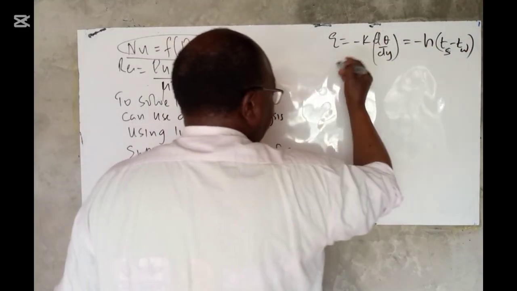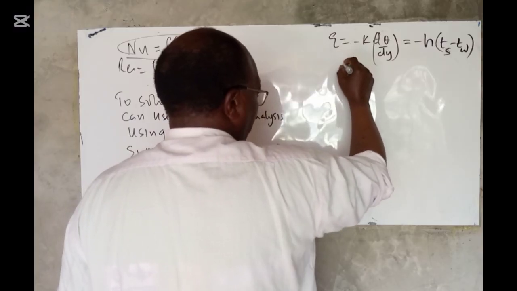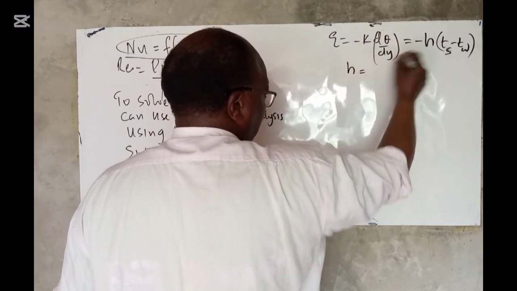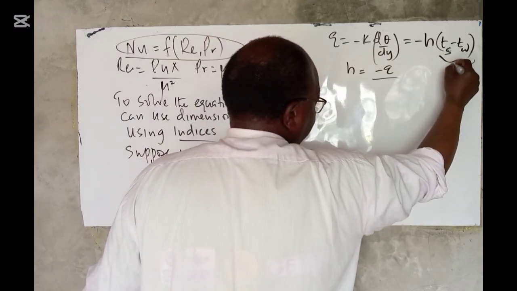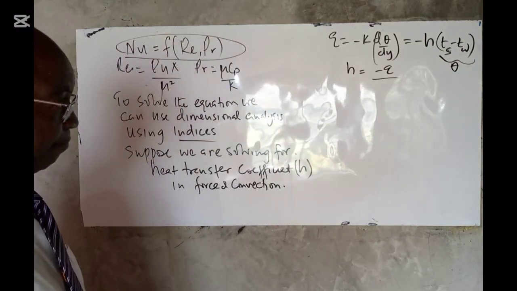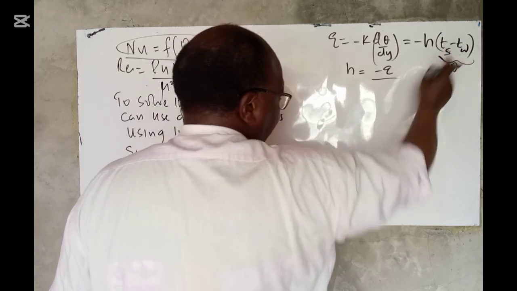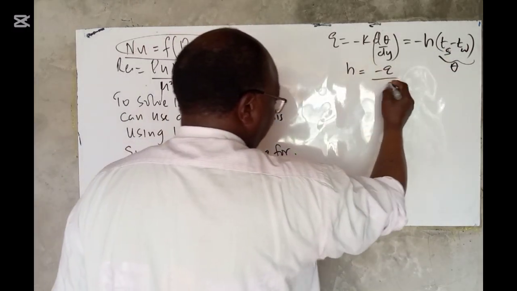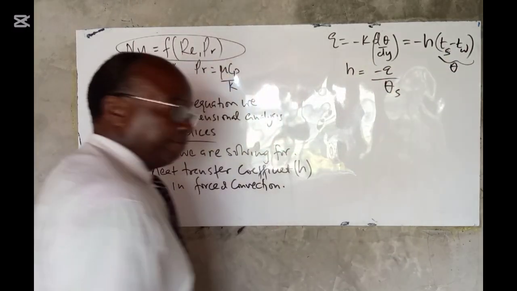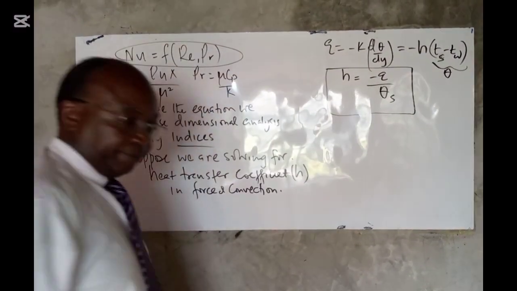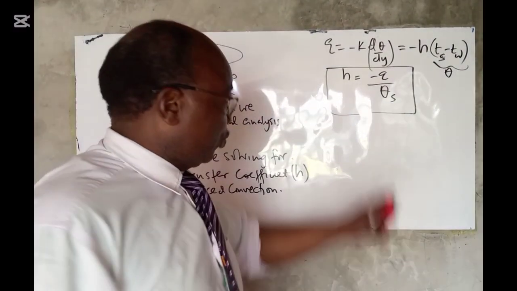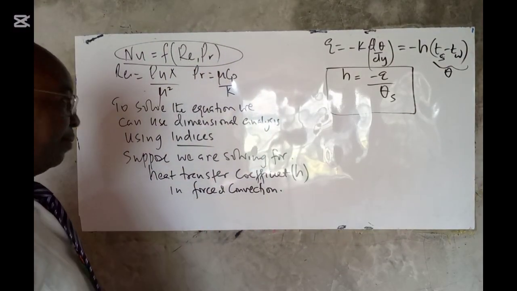So we can say that H is minus Q over that temperature difference. If we call this temperature difference relative to the wall temperature theta, we might use dimensional analysis using indices to try and solve for that particular equation.